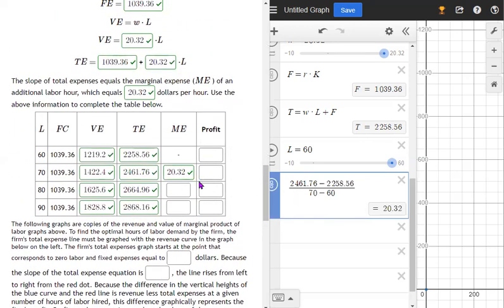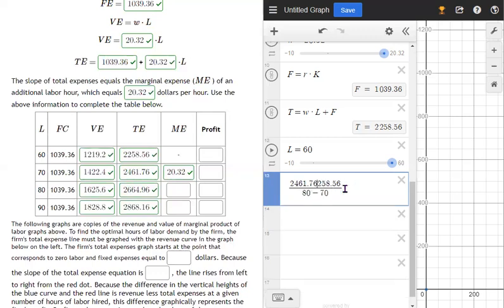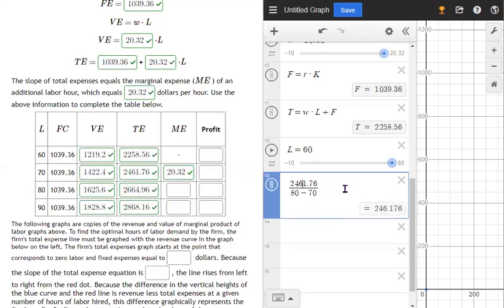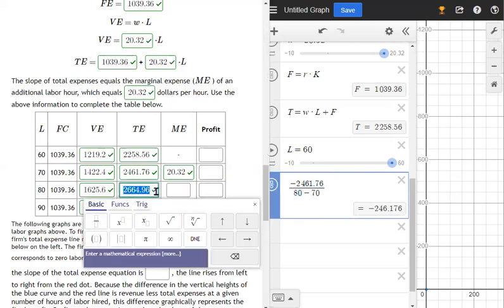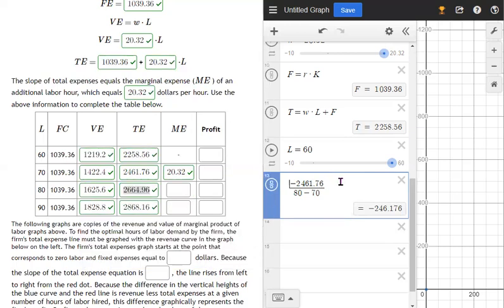Okay, now let's try it again. Let's do it from 70 to 80. Again, at 70 hours of labor demand, we have that much in total expenses. At 80 hours of labor demand, we have that much in total expenses.